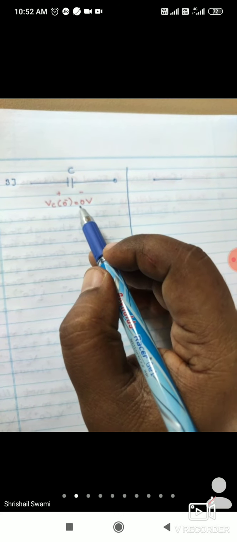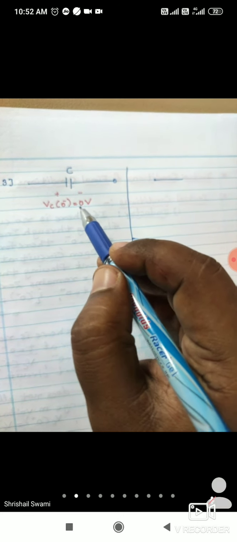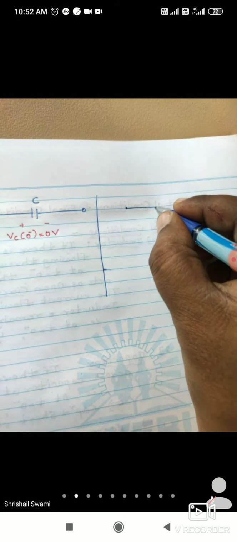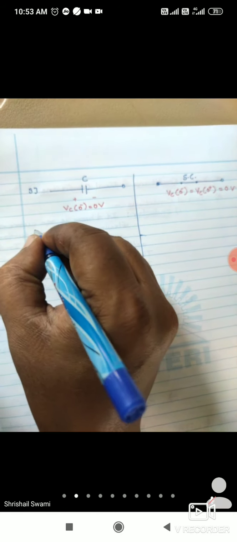When voltage across capacitor initially is 0 volt, the meaning is the capacitor is getting shorted. So you can show that capacitor is getting shorted. So you can write short circuit. So if it is short circuit, then voltage across capacitor at 0 minus is same as voltage across capacitor at 0 plus, that is equal to 0 volt. Okay. Now this is when current is 0 and voltage is 0.